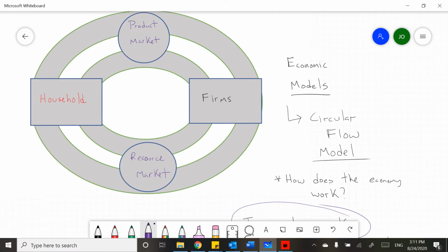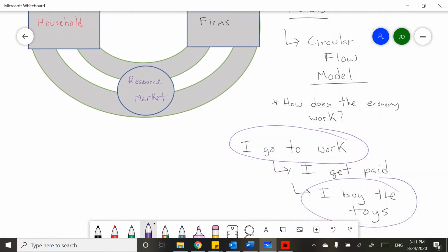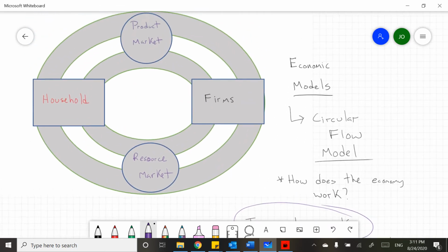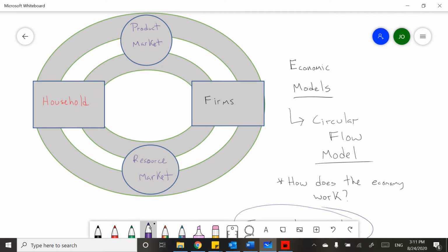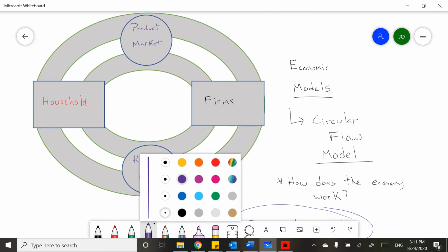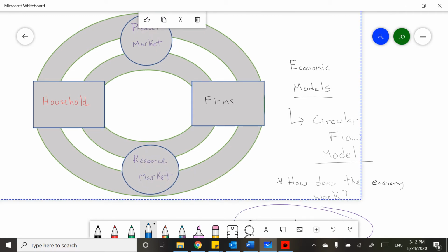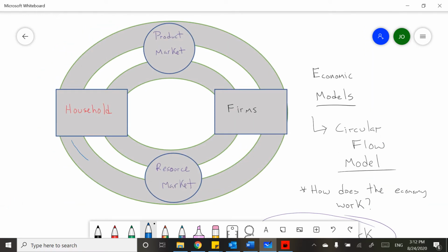Let's think about our statement here. It's related to this. I go to work, right? So that basically means that I am going to draw that as an arrow. I go to work. So I'm providing my labor, right?